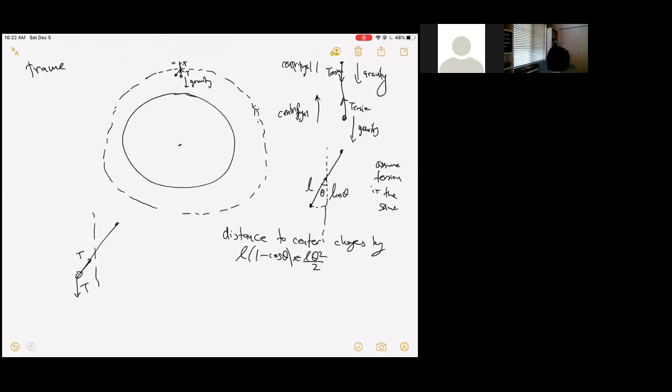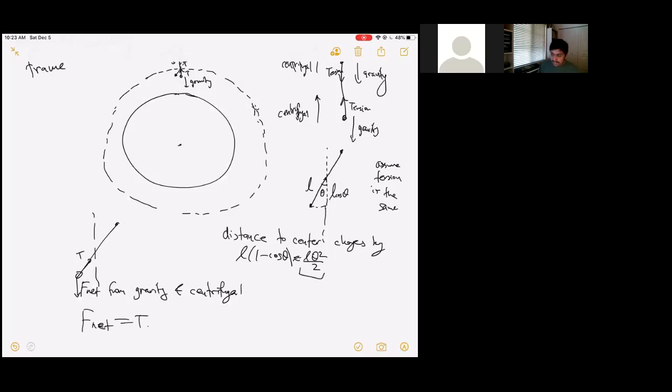Maybe I'll call it F net from gravity and centrifugal. And F net magnitude equals T. Because this F net is only changing by order theta squared, we can assume it's the same as what it was when it's vertical.